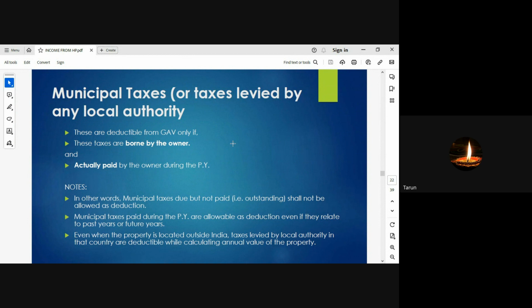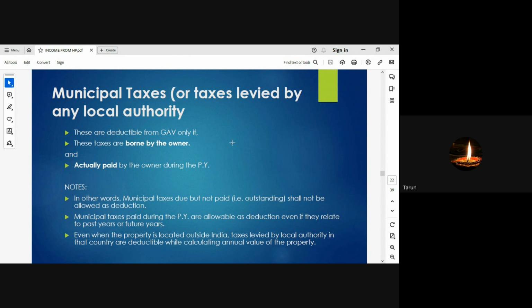Whatever taxes are paid are for the previous year. These are the notes given over here. In other words, municipal taxes due but not paid, that is outstanding, shall not be allowed as a deduction.